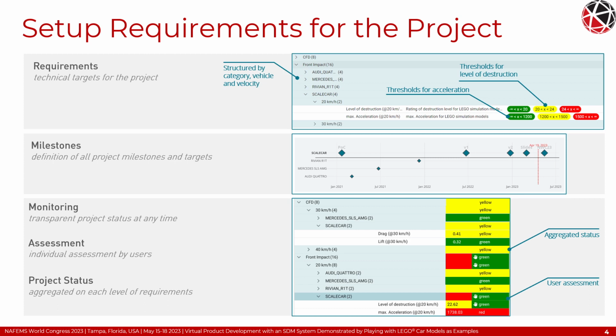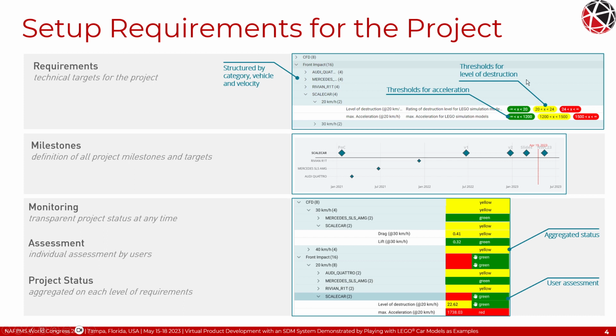So if the level of destruction is 100, it means each brick is by its own after the crash. I decided 20% would be good, between 20 and 24% would be acceptable, and above 24% is bad. My goal is below 20%.